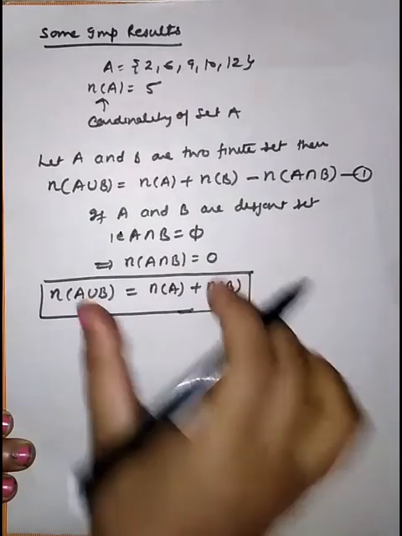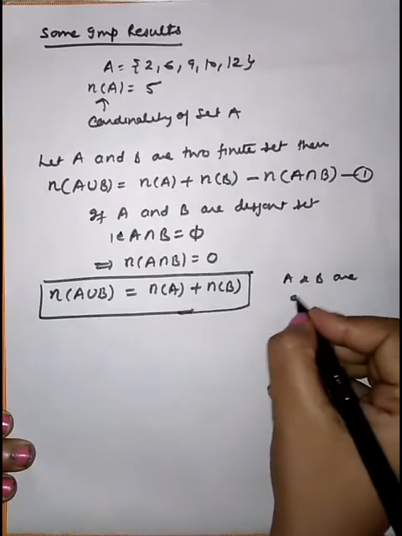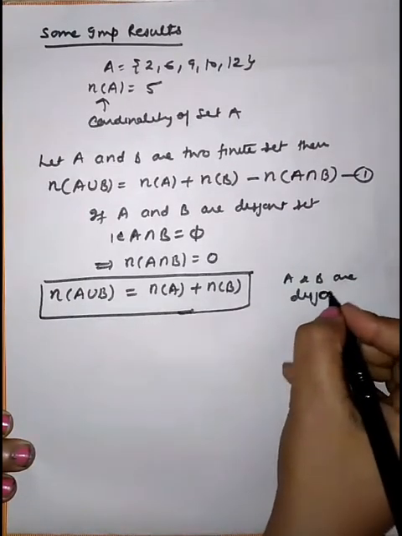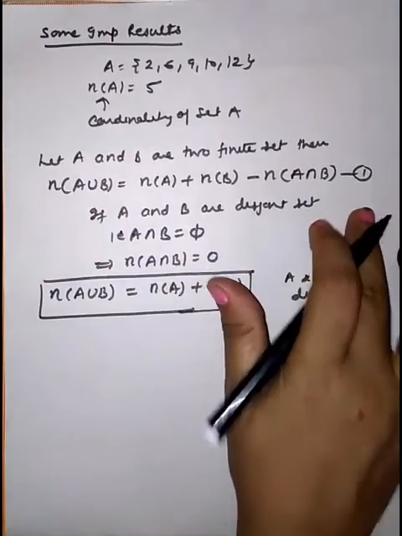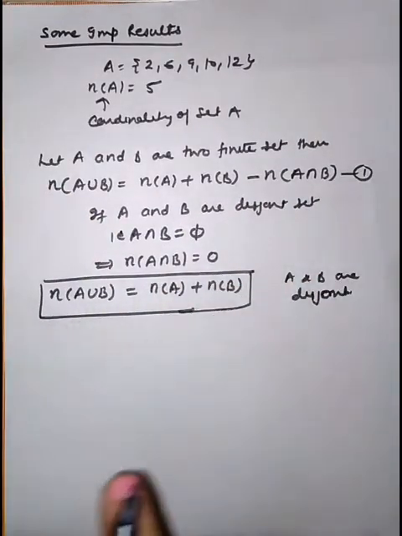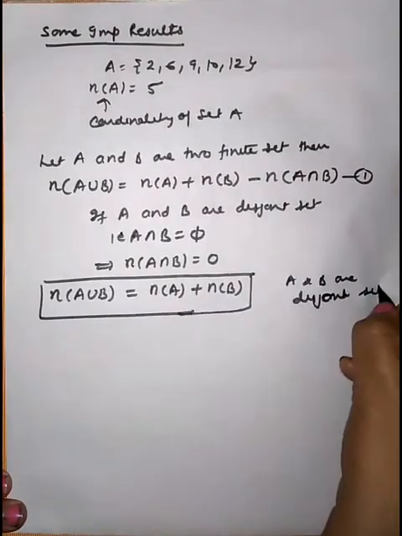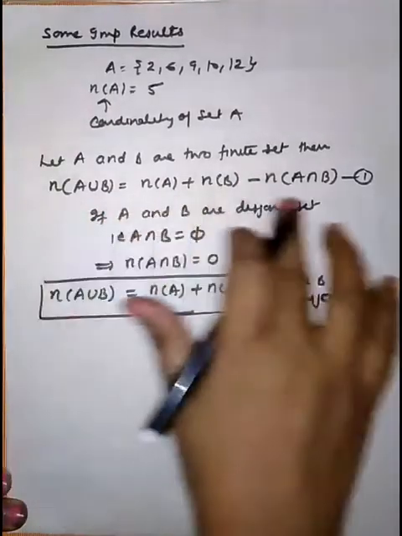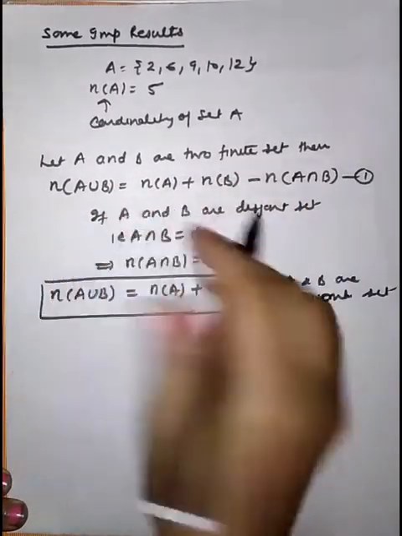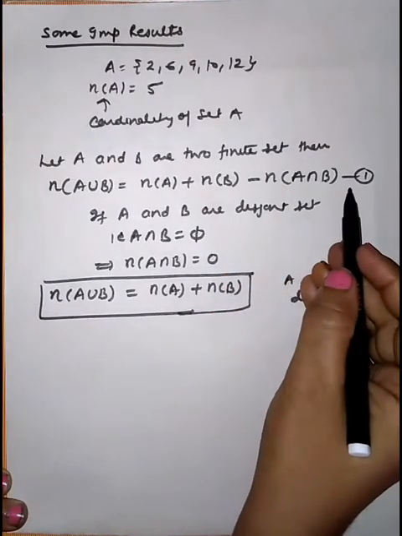So friends, equation 1 reduces to this result, and this shows A and B are disjoint sets. If A and B are two normal finite sets, then you use n(A union B) equal to n(A) plus n(B) minus n(A intersection B).